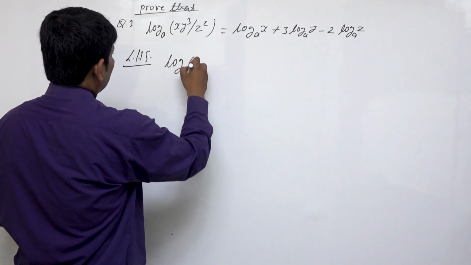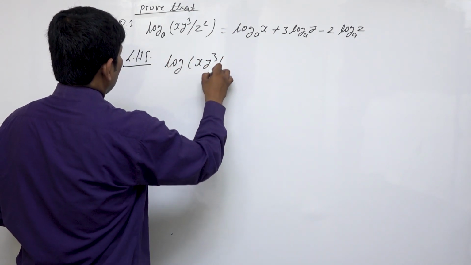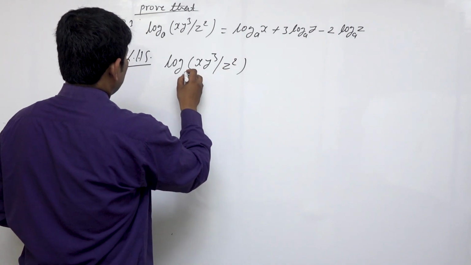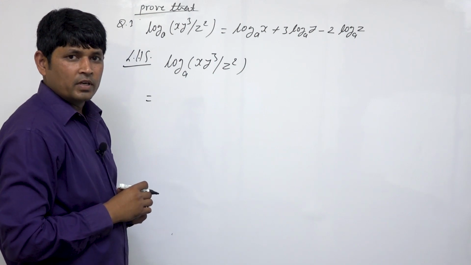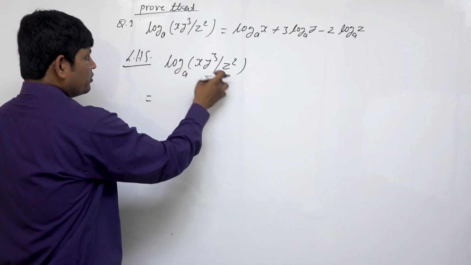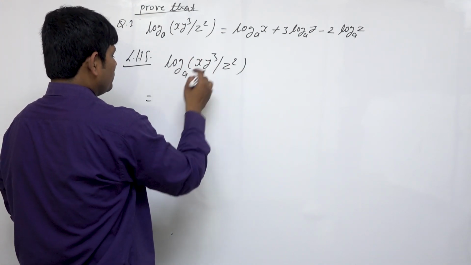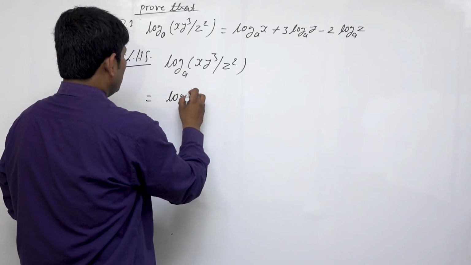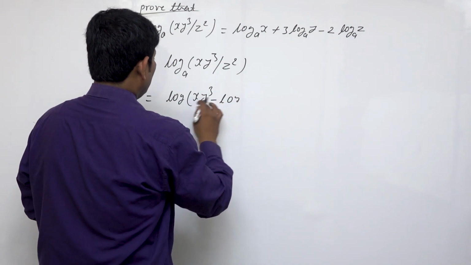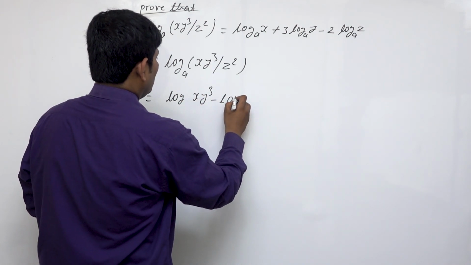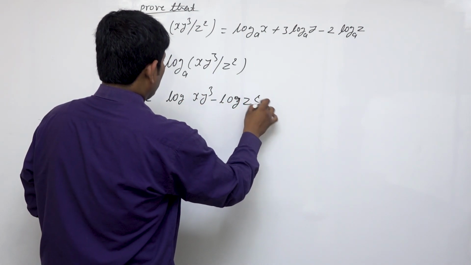Log of x y cubed over z squared to the base a can be written as follows. Now we have to apply some properties here. First we have to apply the quotient rule: log of x y cubed minus log of z squared to the base a.